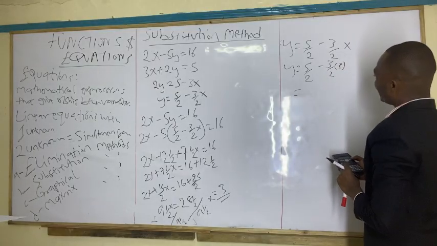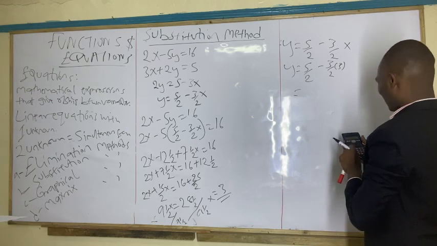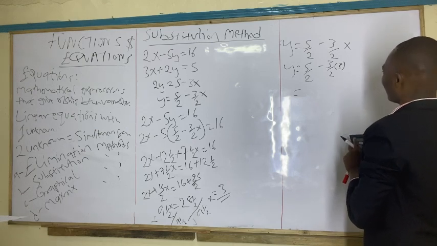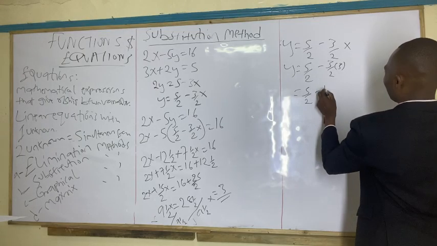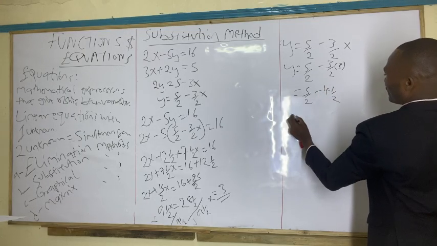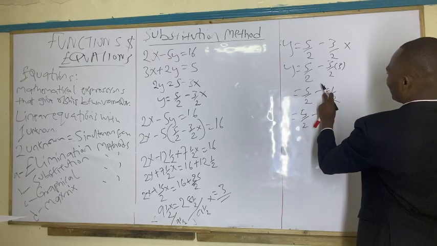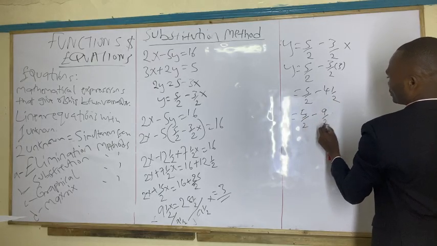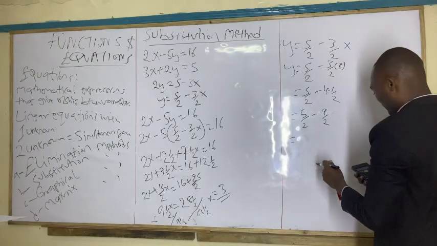So we say 3 times 3 over 2, so we say 5 over 2 minus 4 and 1 over 2, which is equals to 5 over 2 minus 9 over 2. The LCM is the same, so we just minus.